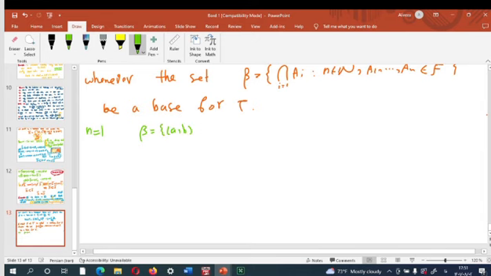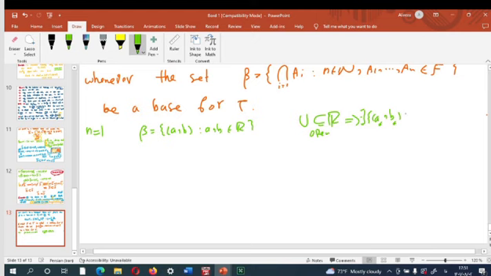Okay, because we know that any open set in the Euclidean topology can be written as a union of open intervals.